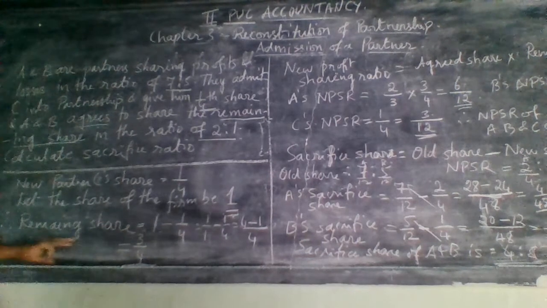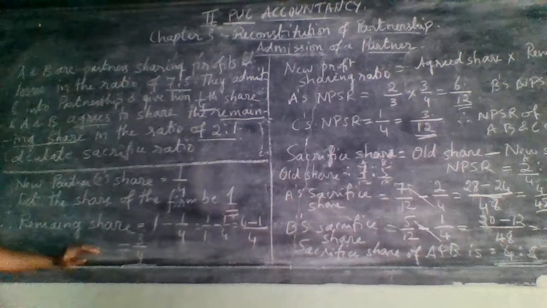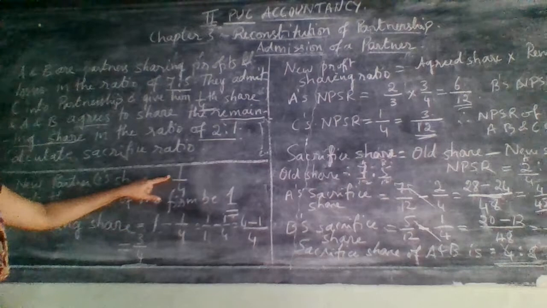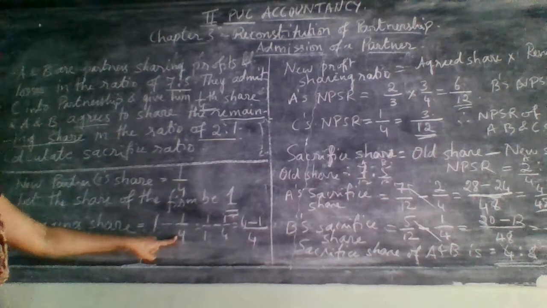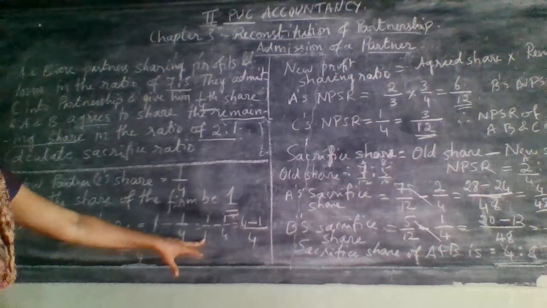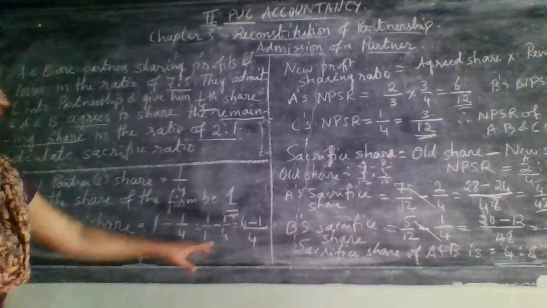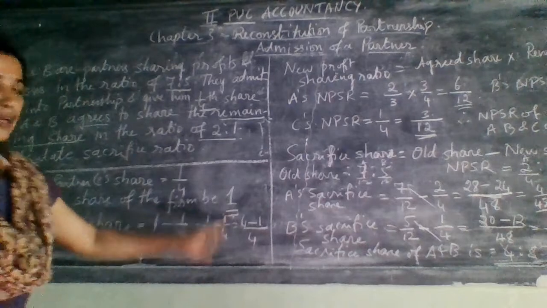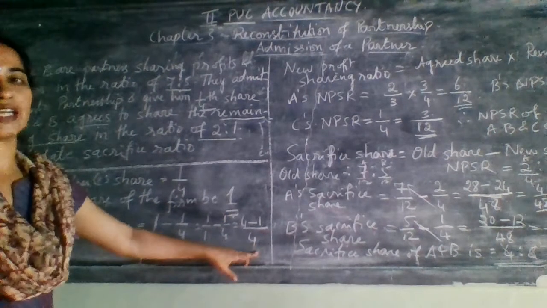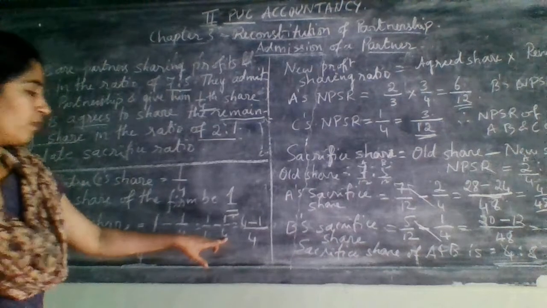Next you need to find out the remaining share. How will we get the remaining share? From this 1 we need to subtract the new partner's share, that is 1 by 4. Always 1 is a whole number, so its denominator will be the same. So 1 by 1 minus the new partner's share 1 by 4. Then take the highest denominator as the denominator, 4.